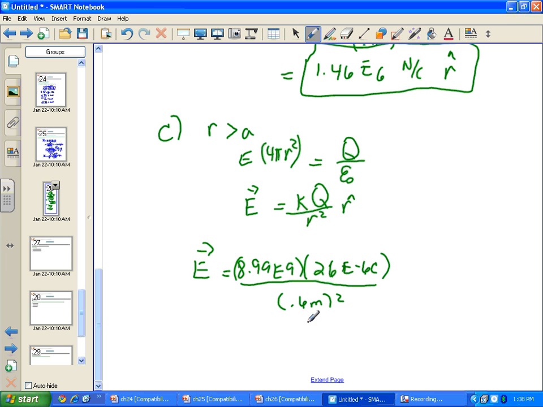And that gives us a value of 6.49 e to the 5 newtons per coulomb R hat. And it agrees with what we said because it is smaller than the value on the surface. So the electric field is always largest along the surface.